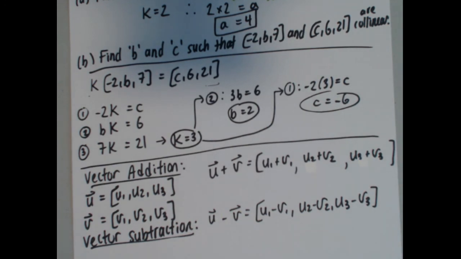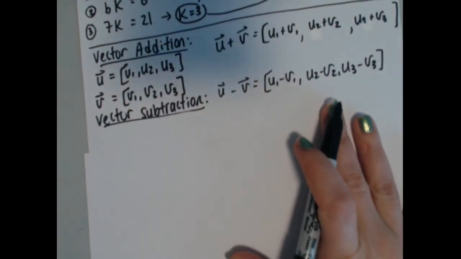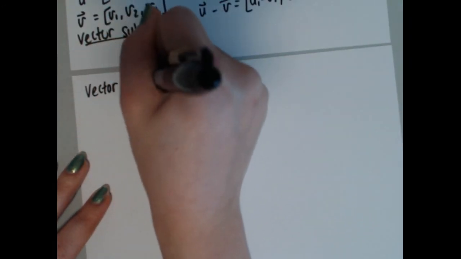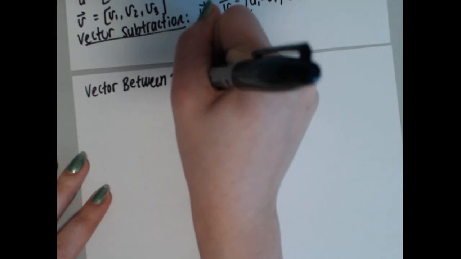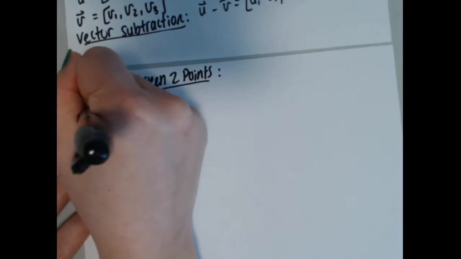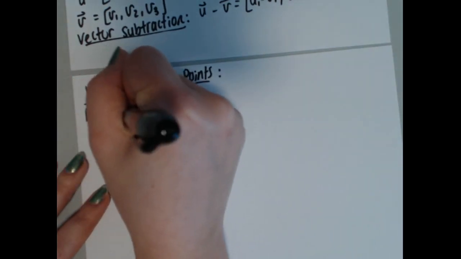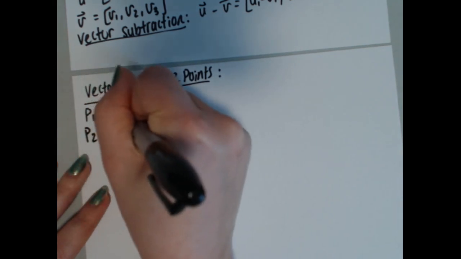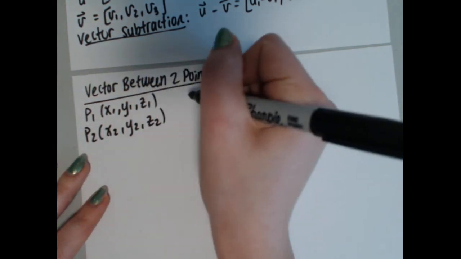Okay, so a few lessons back, we looked at how to determine the vector that exists between 2 points in space. And just like we did in 2 dimensions, it's the same in 3 dimensions. So if we want to look at a vector between 2 points, let's say we have point P1, given by the coordinates x1, y1, z1, and point P2 is given by the coordinates x2, y2, z2.